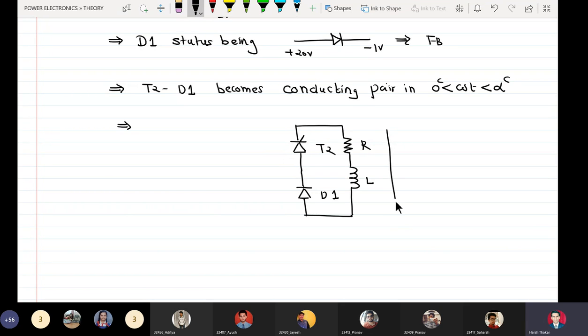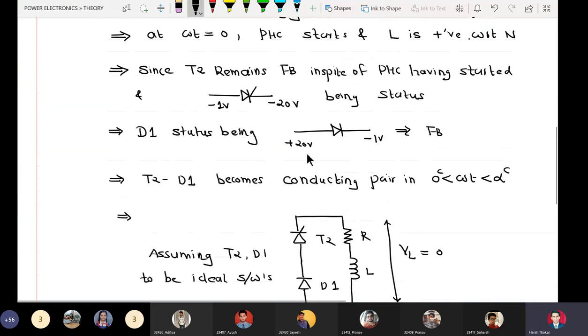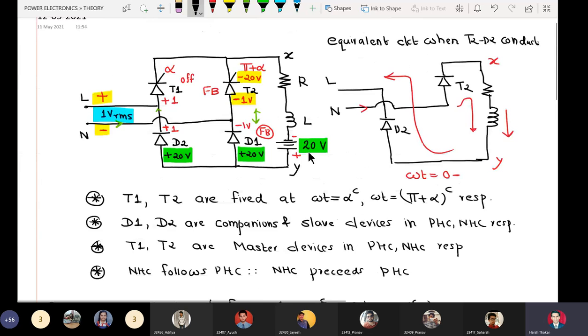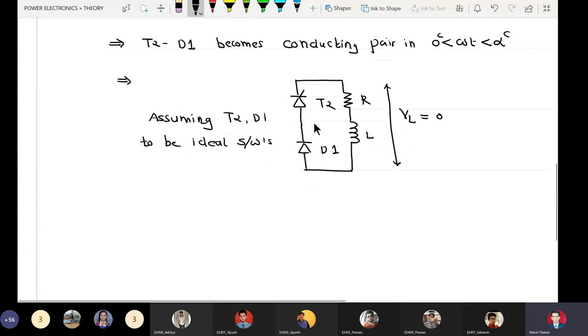So here the load voltage is 0. So here we are assuming T2 and D1 to be ideal switches. Okay. So this is called as freewheeling. What happens is the inductor is getting discharged through the T2 D1 pair.